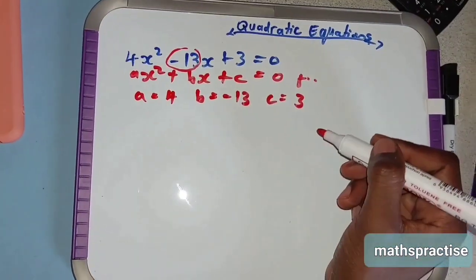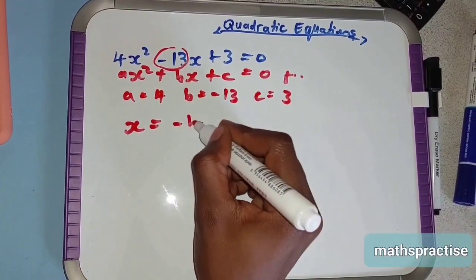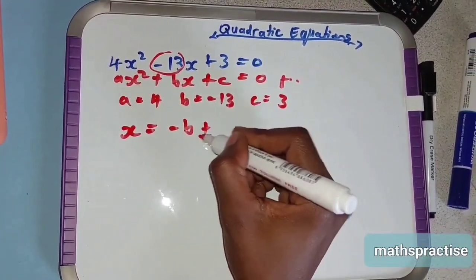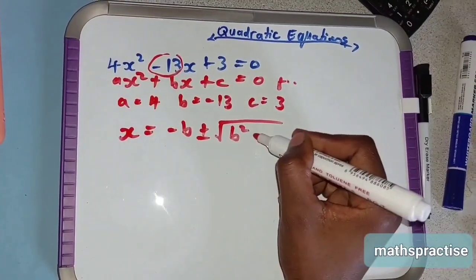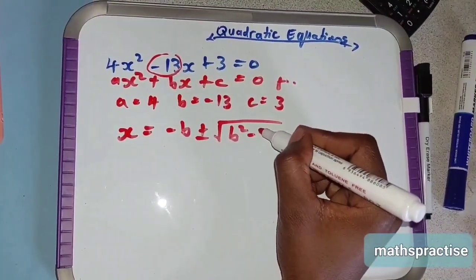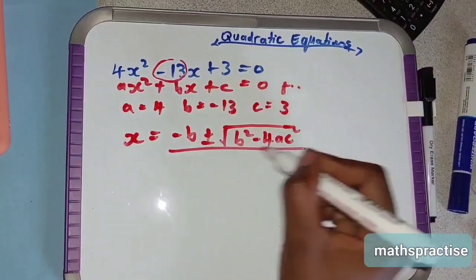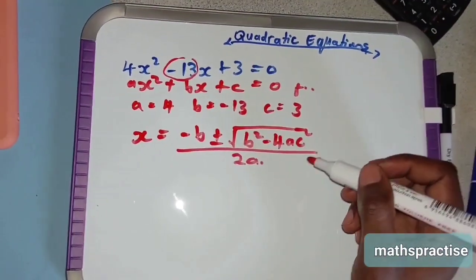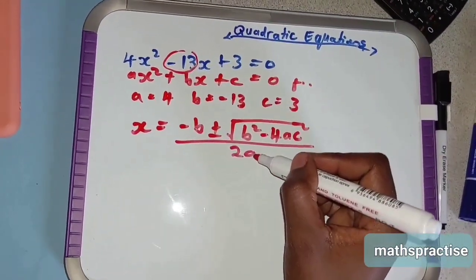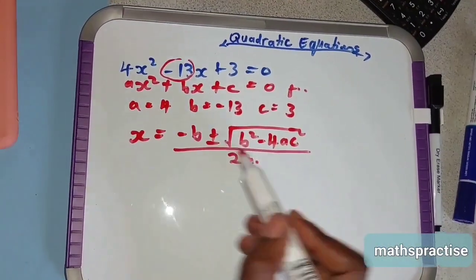And now to find the value of x, we said x is equal to minus b plus or minus the square root of b squared minus 4ac, all of this divided by 2a, okay. So now we have the values of a, b, and c. So we are simply going to substitute these values into the equation.